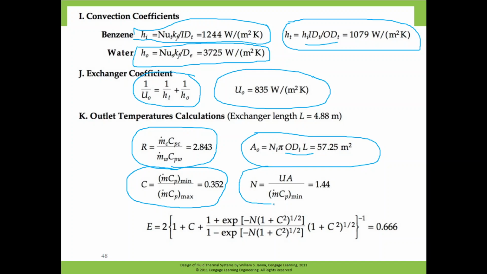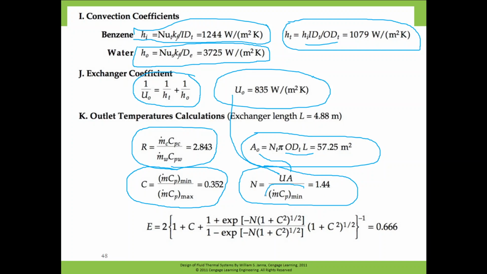Then we can calculate the number of transfer units, which is equal to U multiplied by A, where A means this area and U means this overall heat transfer coefficient here. We can calculate the number of transfer units, which comes out to be 1.44.